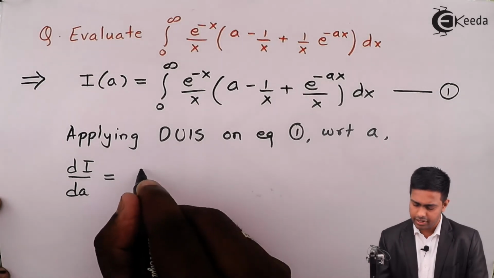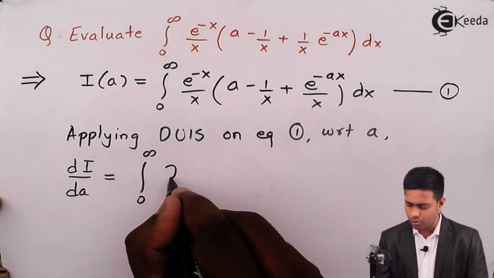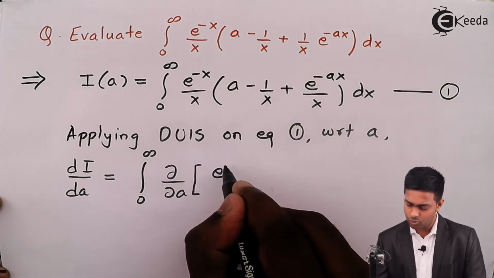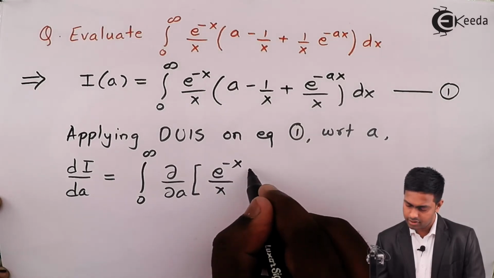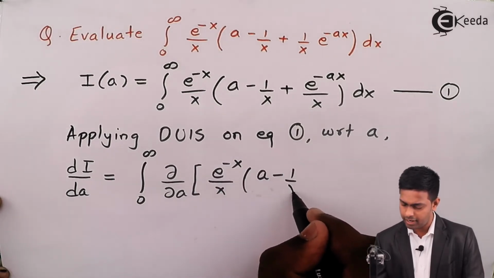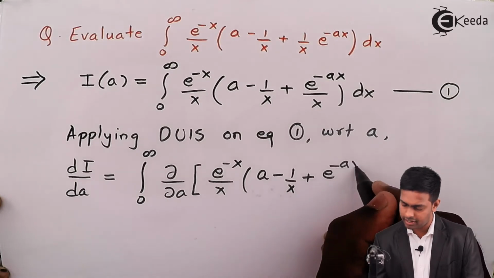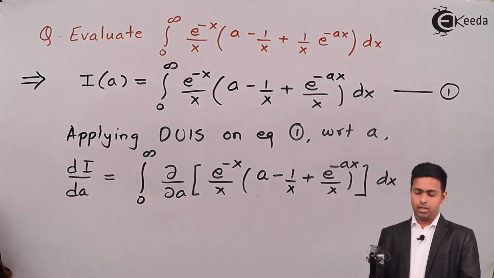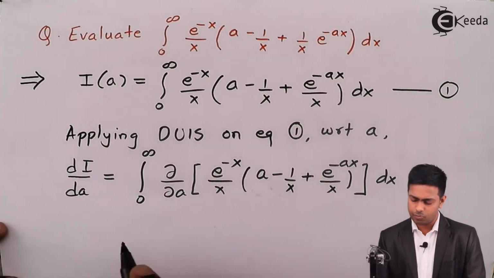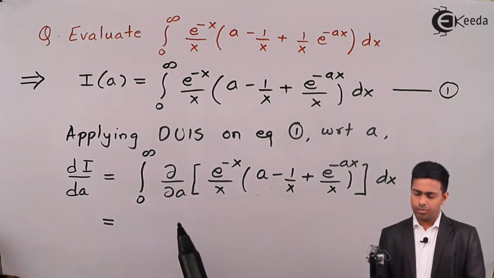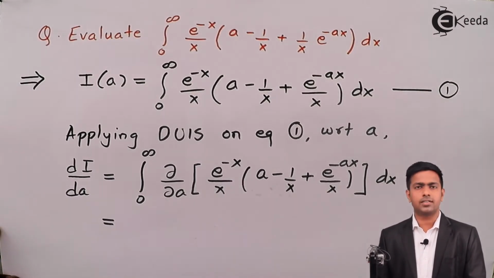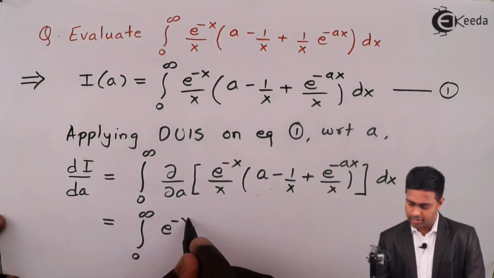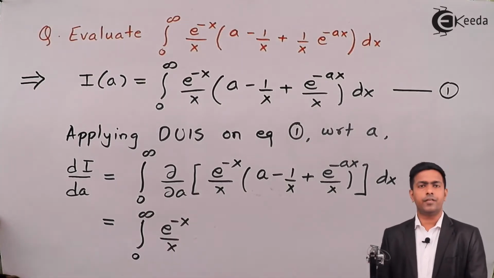So here I'll say integration 0 to infinity dou by dou a of the function, that is e raised to minus x upon x into a minus 1 by x plus e raised to minus ax upon x, and then dx. Now let's differentiate this with respect to a. This e raised to minus x upon x will be treated as constant, so I'll keep e raised to minus x upon x outside the differentiation.